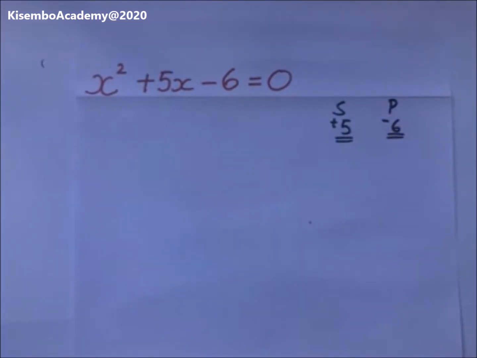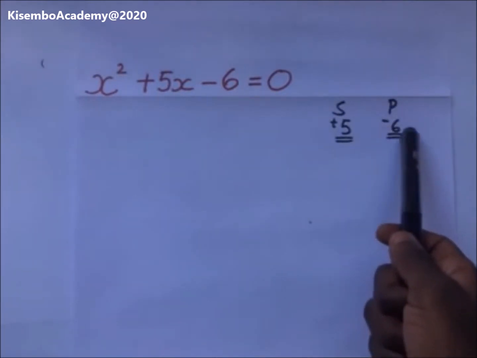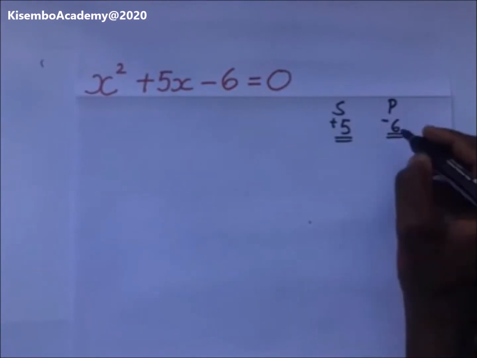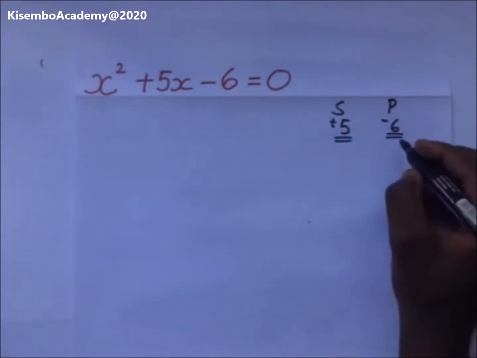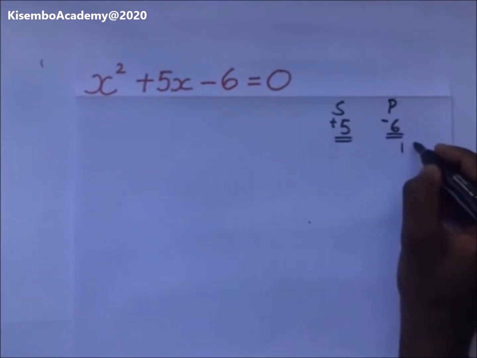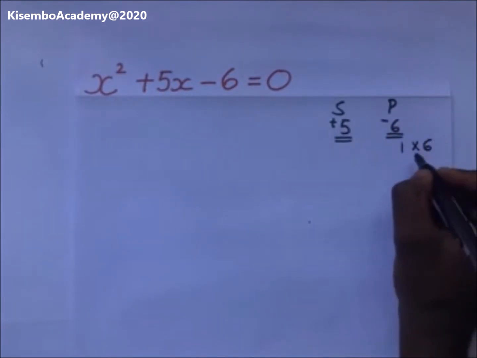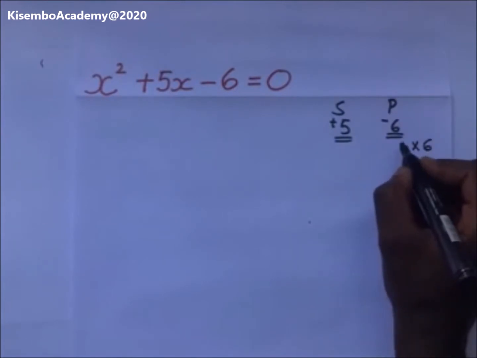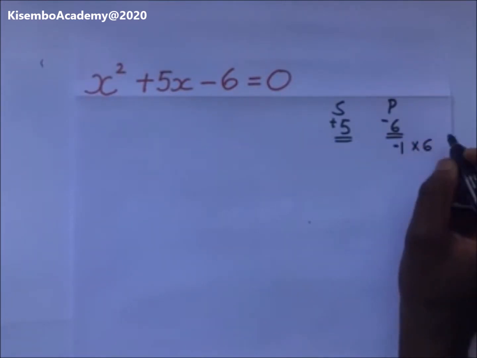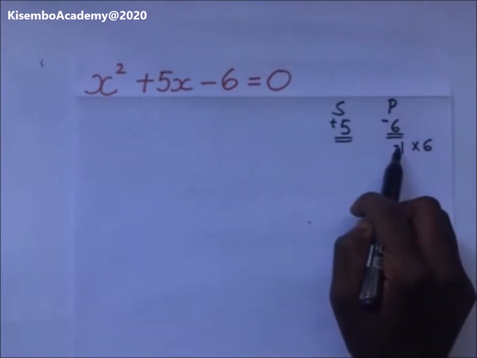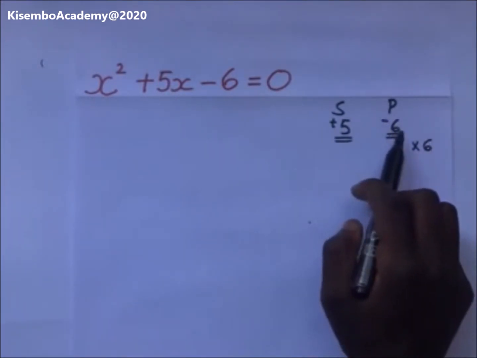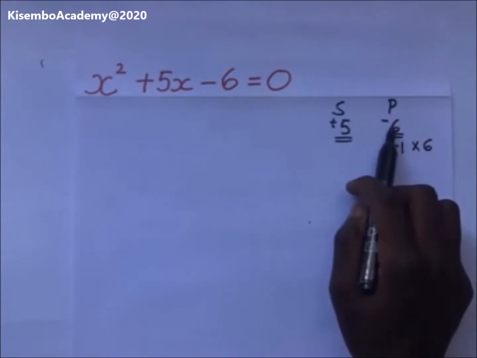Where do we get those two numbers? We get them by analyzing the factors of 6. Factors of 6, we have 1 times 6. Between 1 and 6, if we make 1 negative, negative 1 times 6 gives us negative 6, because a negative and a positive give a negative.